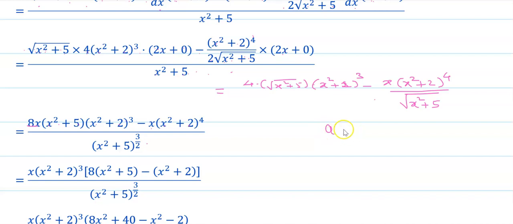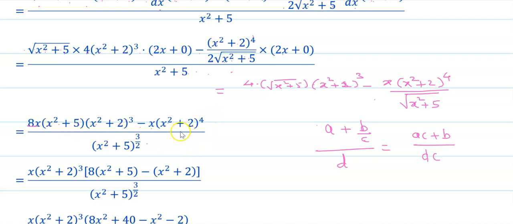Suppose that here is a plus b upon c upon d, then a into c, that is ac plus b upon dc. Similarly, okay, and hence 8x into (x square plus 5) into (x square plus 2) raised to 3 minus (x square plus 2) raised to 4.